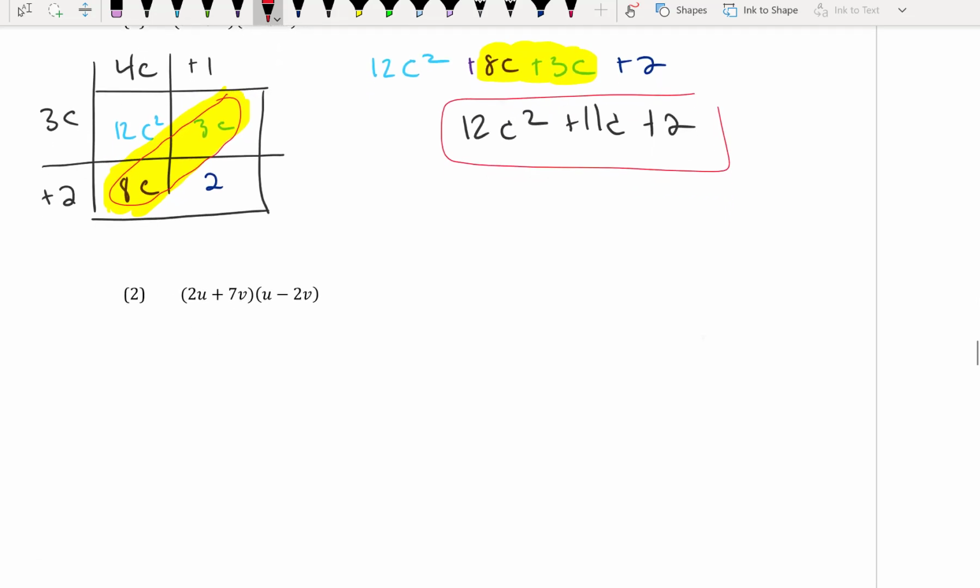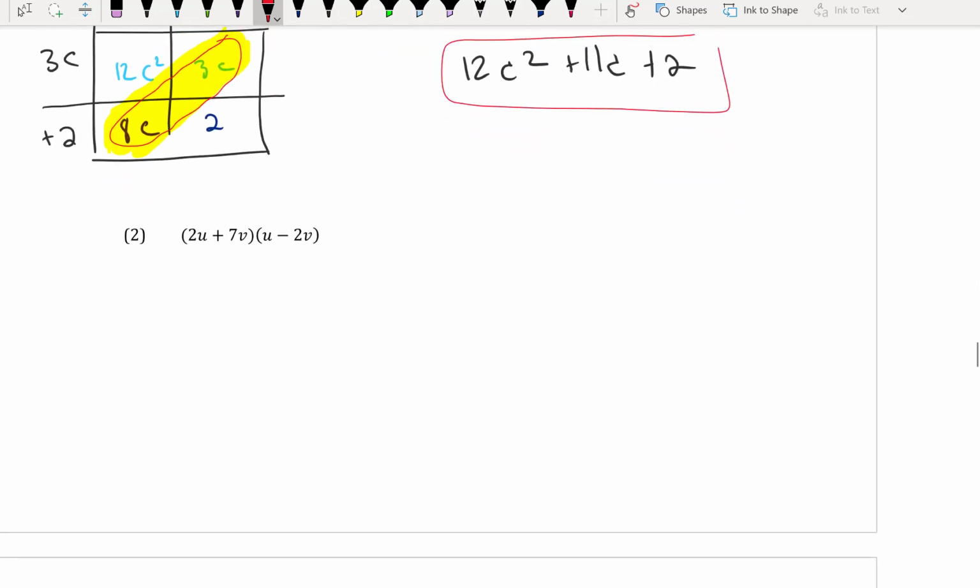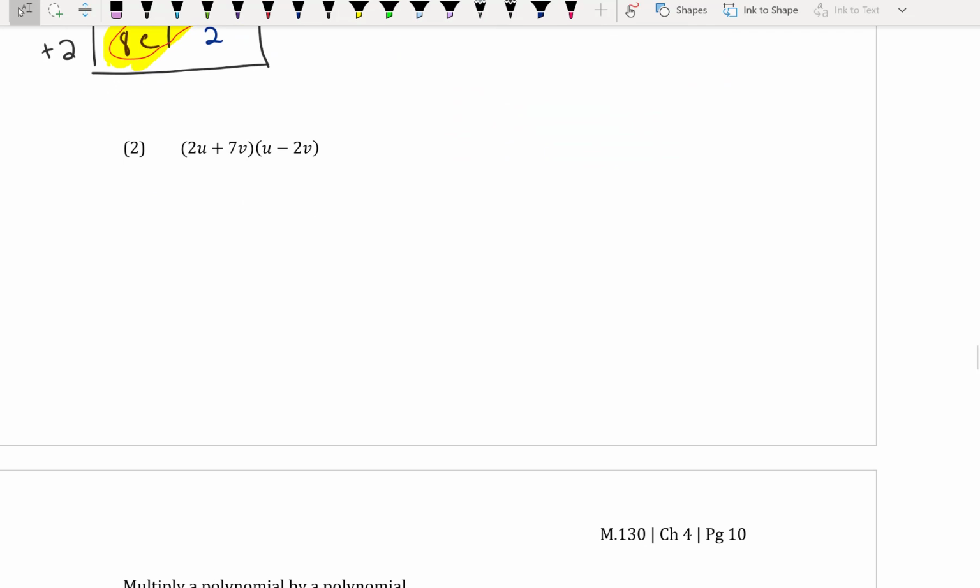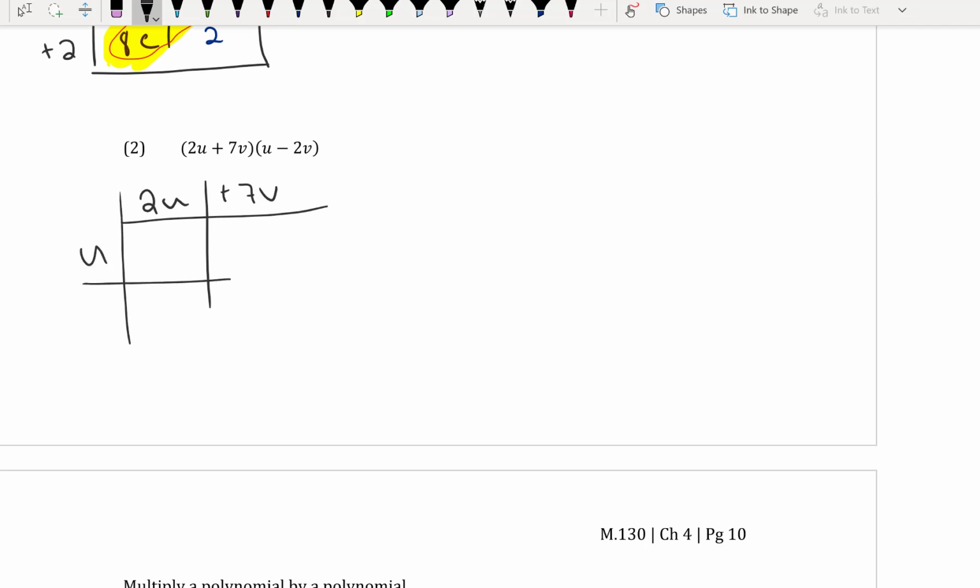So let's go ahead and try the box method again, just to make sure that we are comfortable with that. So again, I'm going to write the first polynomial going across. So that would be my 2u, and I have a positive 7v. Going down, I would have a u, and I also have a negative 2v.